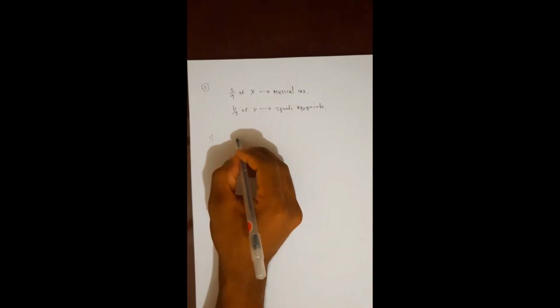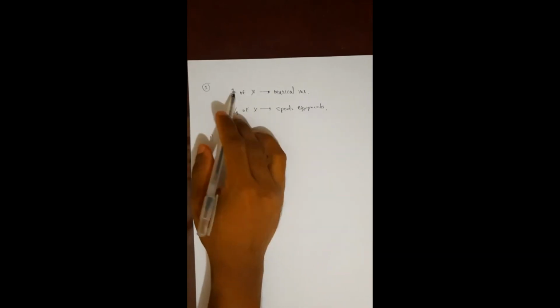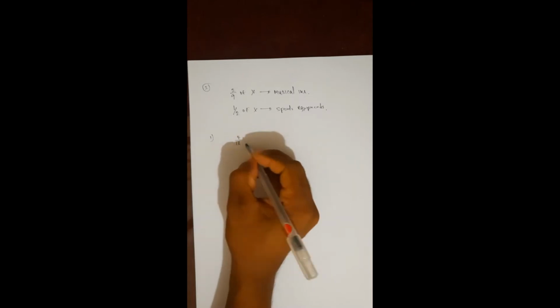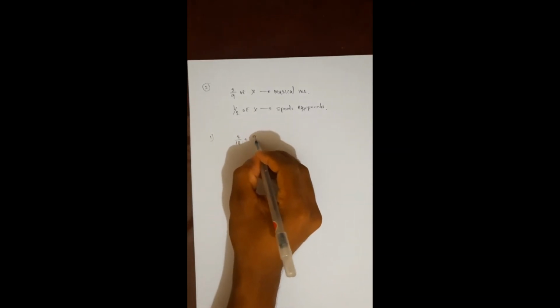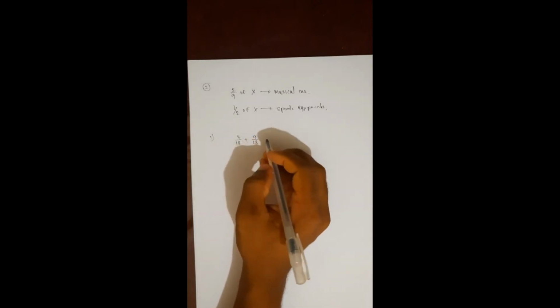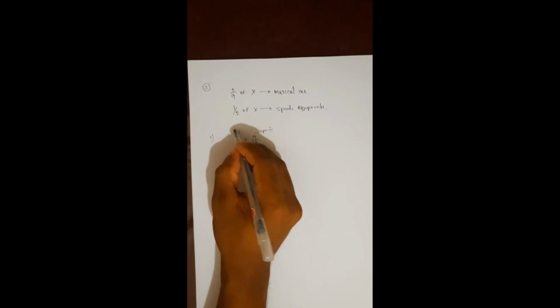In order to find the addition, we have to find the common denominator. So 18 would be the common denominator. So we can multiply the first part by 2. So that would be 4 over 18 plus 9 over 18. This is musical and this is sports.